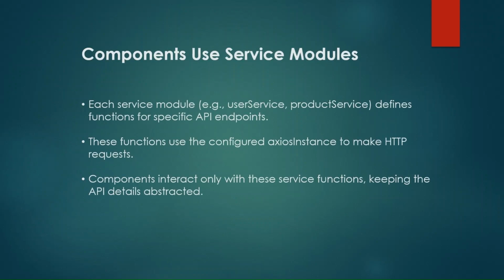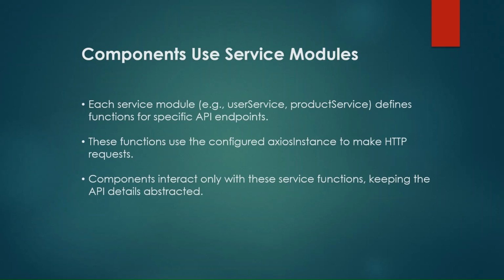Before we wrap up, let's connect the dots and visualize how all the pieces we have implemented fit together. When a component initiates an API call using useApi, here is the flow that gets triggered. Components interact with service modules like productService.getProducts.